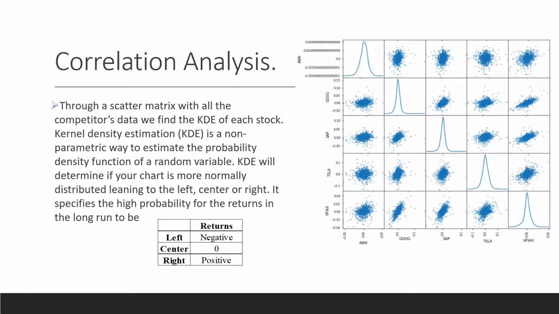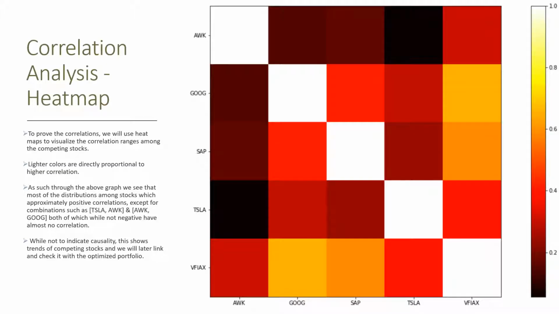This also shows correlation through the scatter plot, but it'll be much better shown in the next slide, which is a heat map. This is a correlation analysis, a heat map. To prove the correlations, we use heat maps. We visualize the correlation ranges amongst the competing stocks.